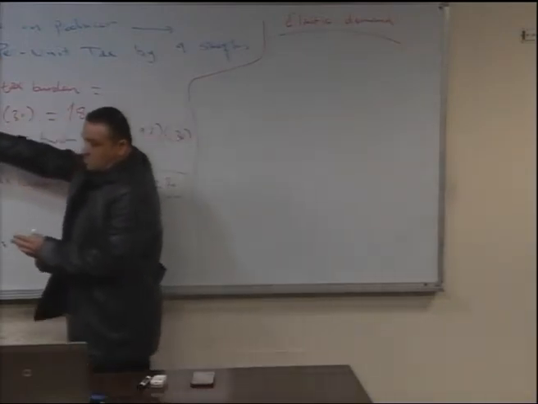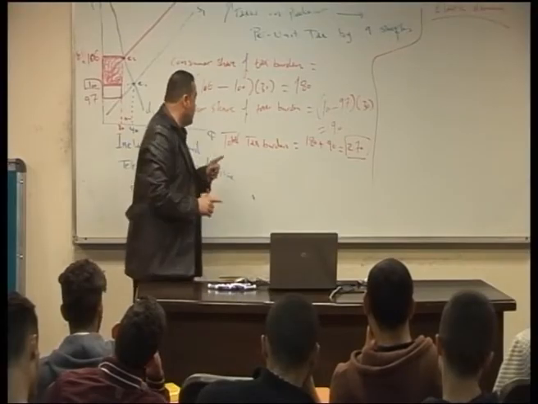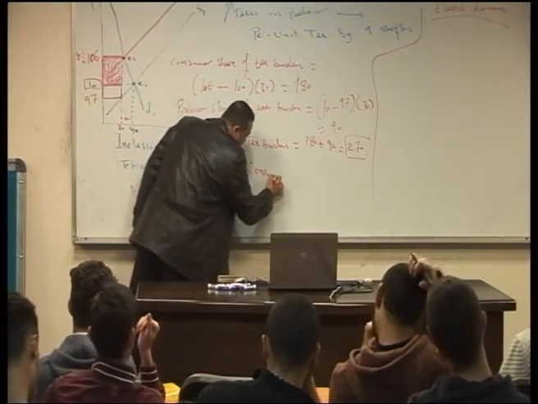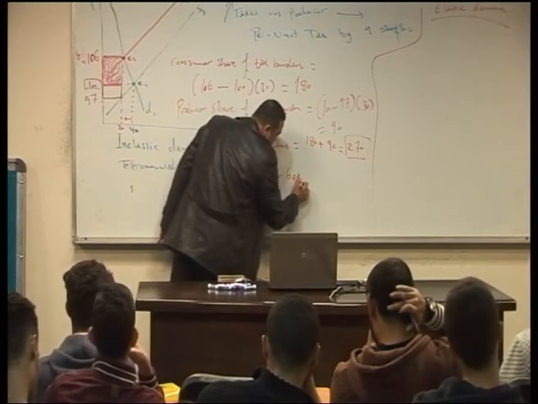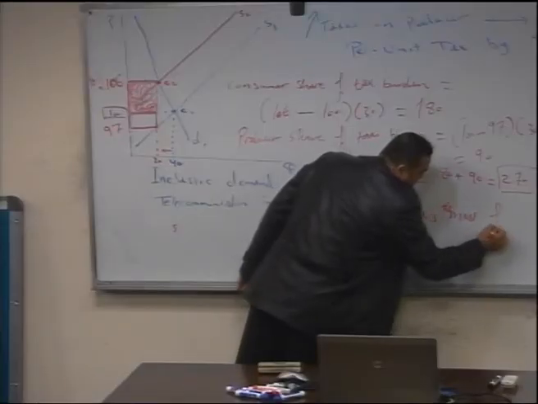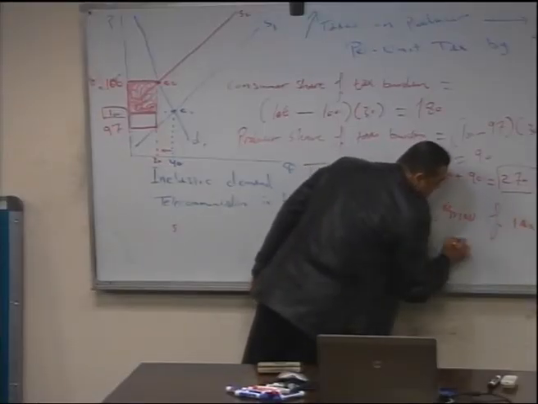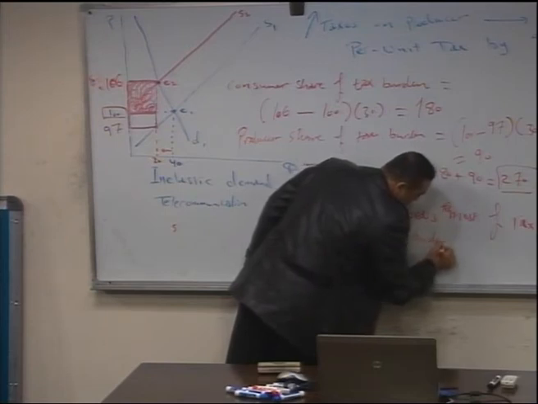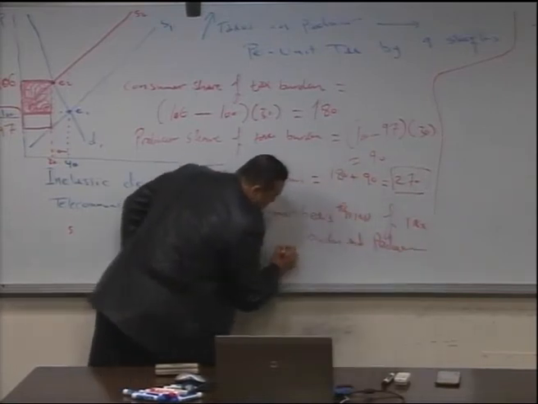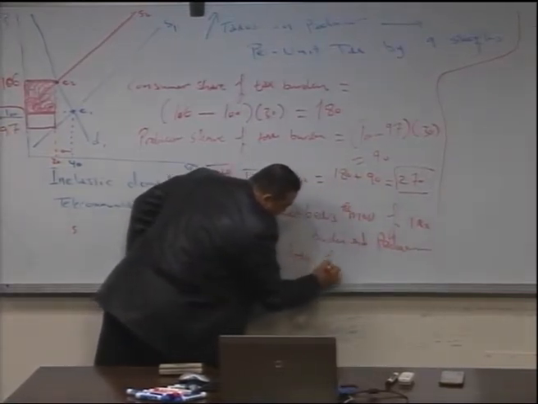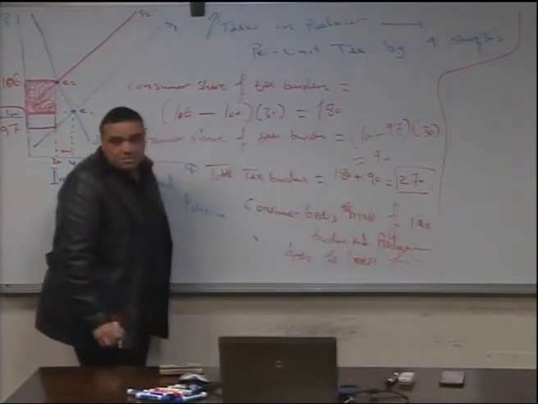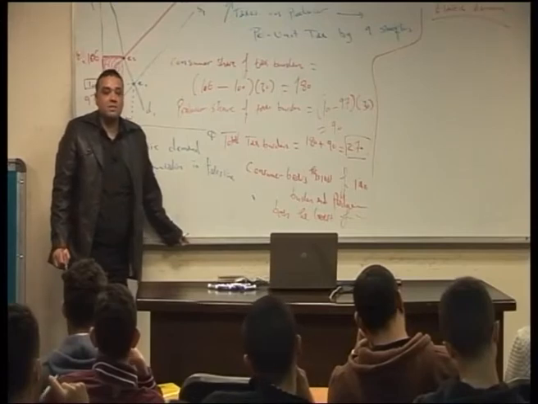So, when demand is inelastic, the consumer bears the most of the tax burden, and the producer bears the least of the tax burden. What about the elastic demand?